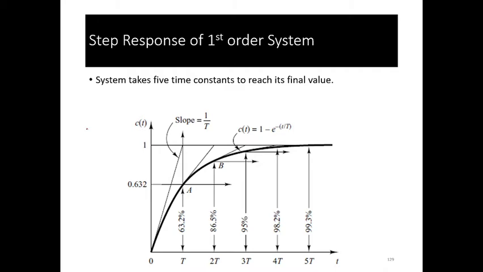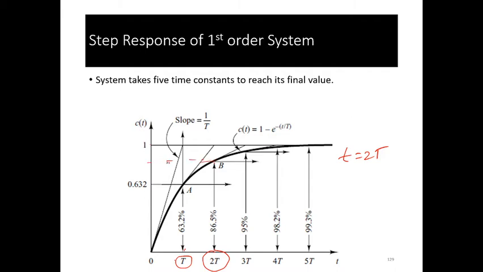Now the important point here, which most of the students are aware of: 63.2% is reached in rising time of 1T. However, if you take t equal to 2T, it means 2T is taken to achieve 86.5% of the value K, your steady state value.